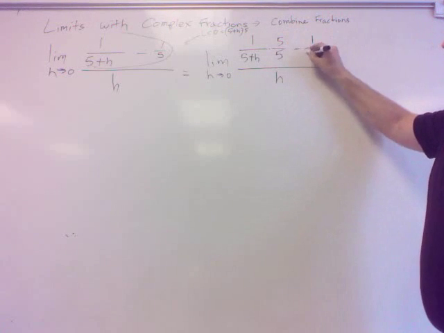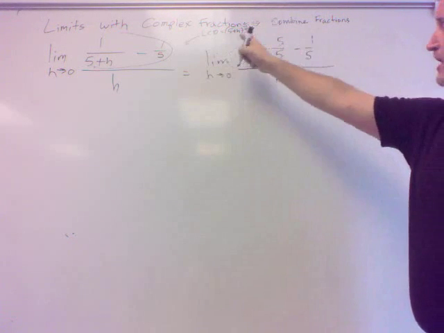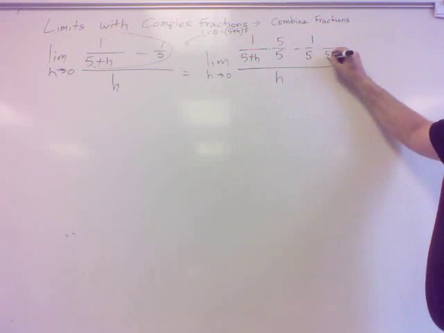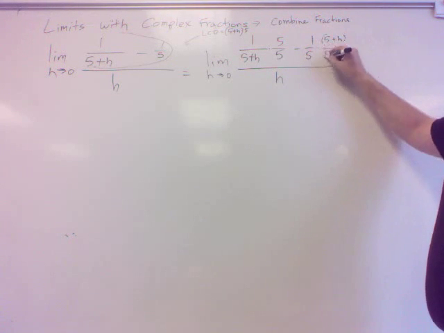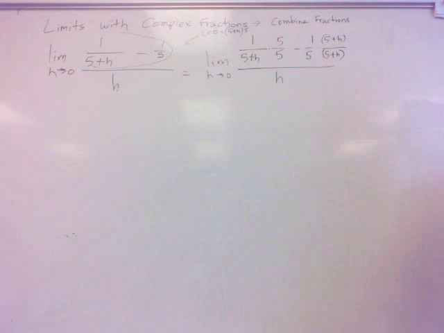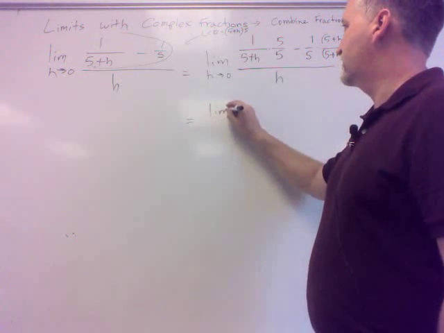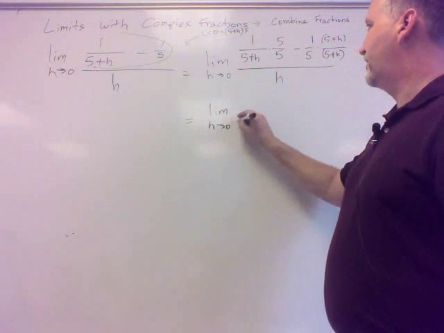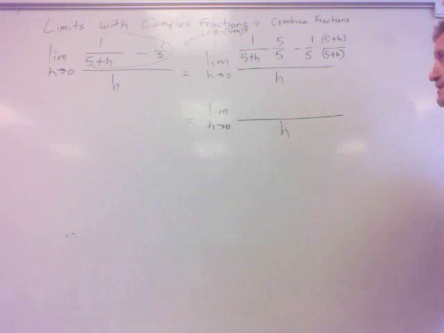And then the minus 1/5, what do I need to multiply it by? How about 5 plus h? So this is one way to do it. Combine those fractions. All right, so that'll give me the limit as h approaches 0, with the bottom over h still there.